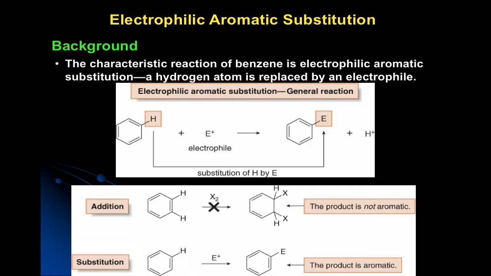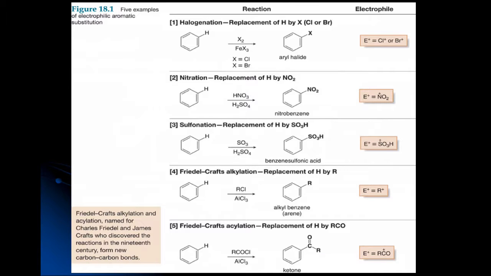And we know that aromatic rings don't like to undergo addition chemistry because why? This is stable and this is less stable, right? I shouldn't say it's not stable, but it's less stable. And so you're losing that aromatic stabilization. The product's not aromatic, okay? And so in the process of the substitution, however, we preserve the aromaticity in the product, okay?